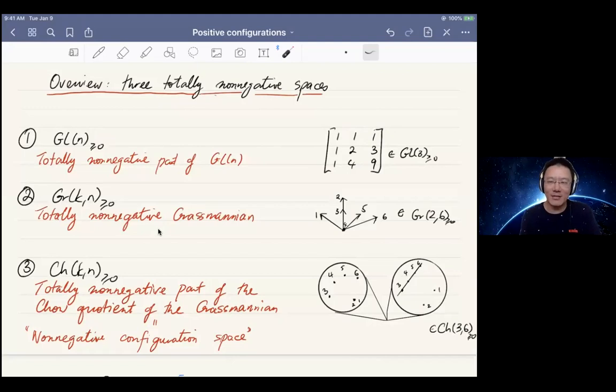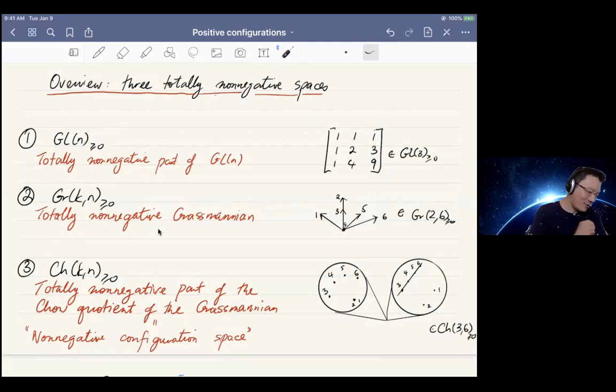That's a matrix such that all the minors are non-negative. So in this matrix, if you look at any minor, the determinant is 1, which is non-negative. In this matrix, all the minors, in particular all the entries, are positive. This is actually a totally positive matrix.